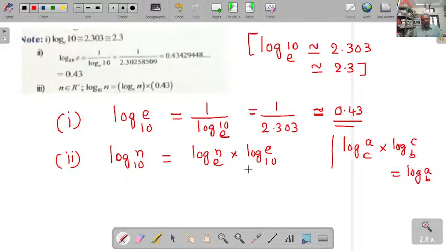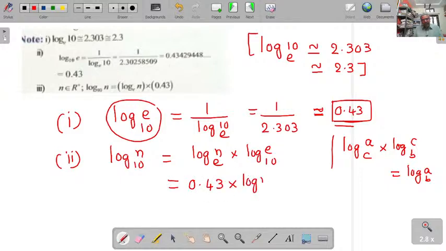Change of base rule. Already log e to the base 10 is 0.43, so we can write 0.43 multiplied with log n to the base e. With the help of this, we are able to convert the common logarithm into the natural logarithm using this relation.